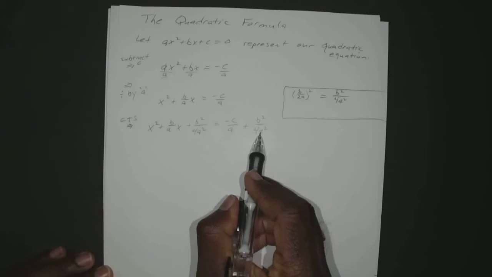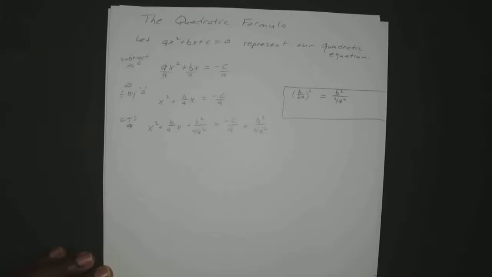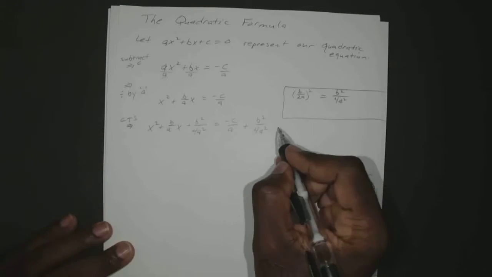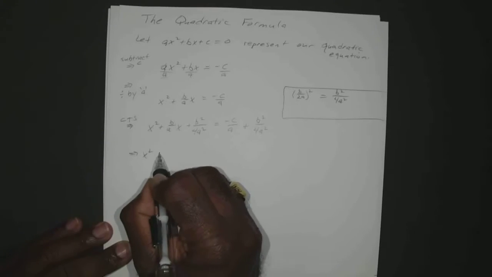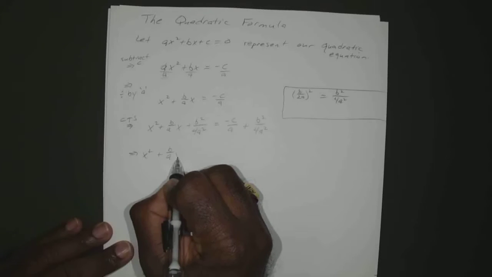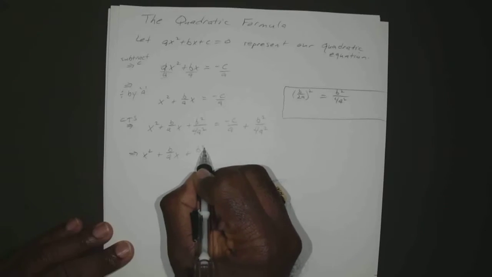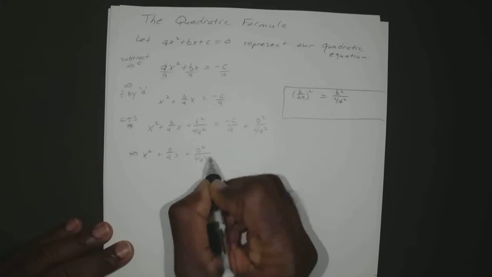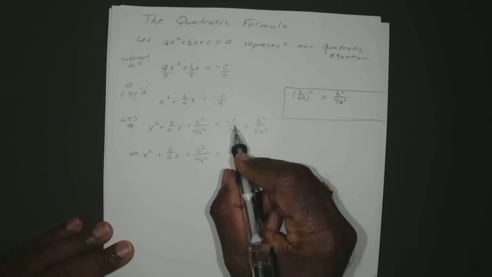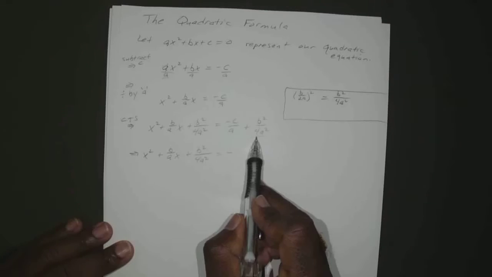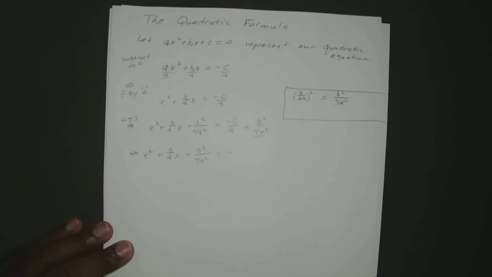Okay, so here, let's say we want to get common denominators. That's x squared plus b over a x plus b squared over 4a squared equals, so instead of negative c over a, we want to match the denominator, so we multiply the numerator and denominator by 4a.